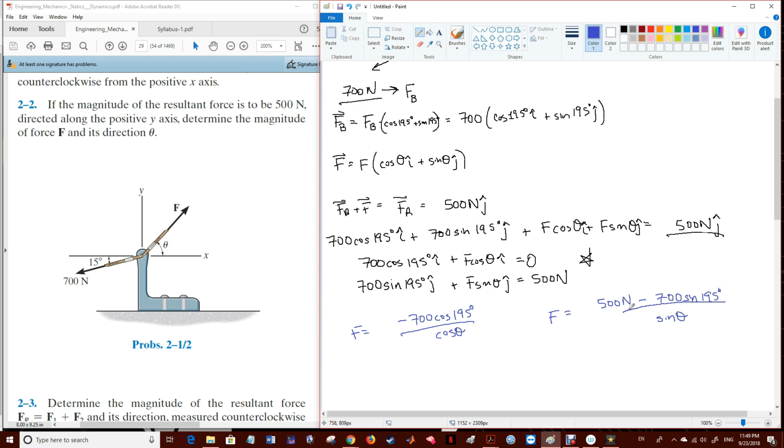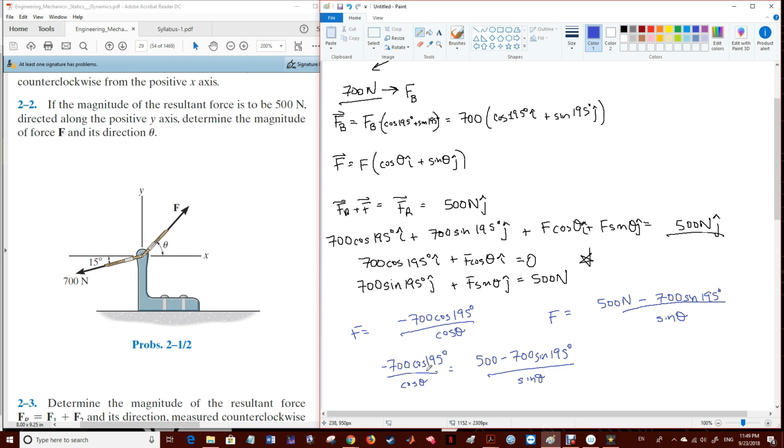And we could set these two equations equal to each other and then explicitly solve for theta. So what would that look like? Well, if I set these forces equal to each other, I get negative 700 cosine of 195 degrees divided by cosine of theta is equal to 500 minus 700 sine of 195 degrees all over sine of theta.